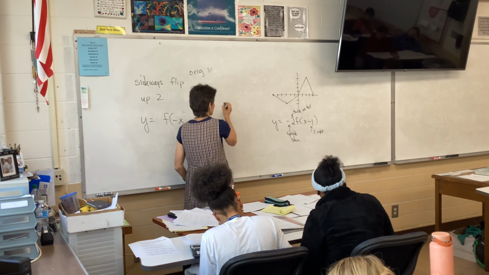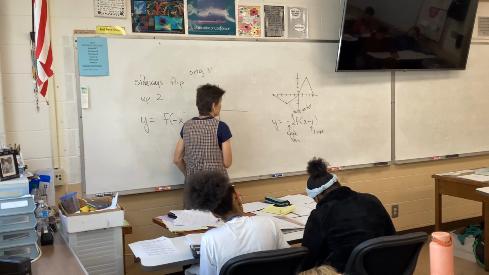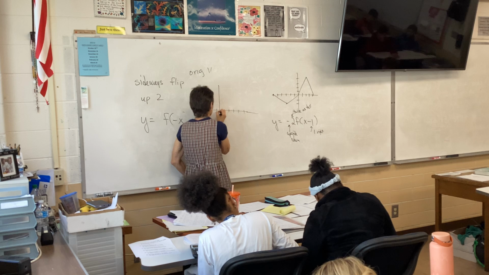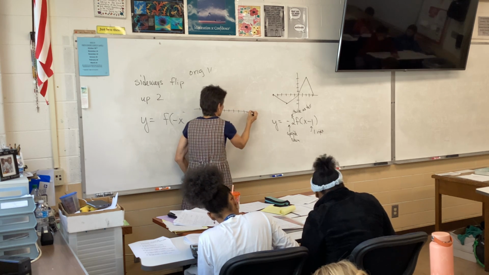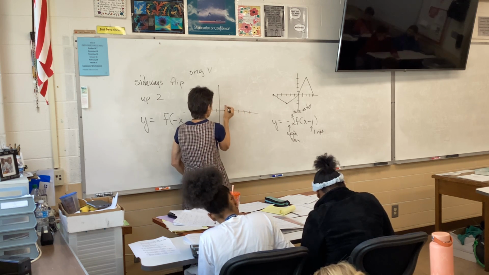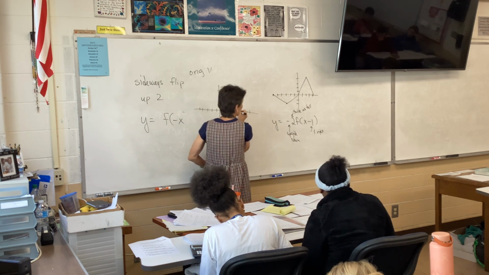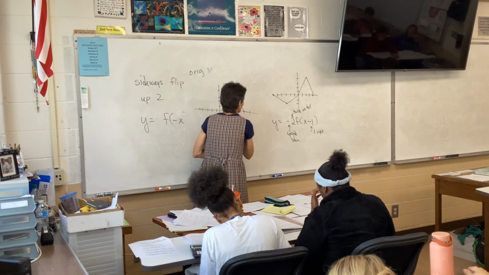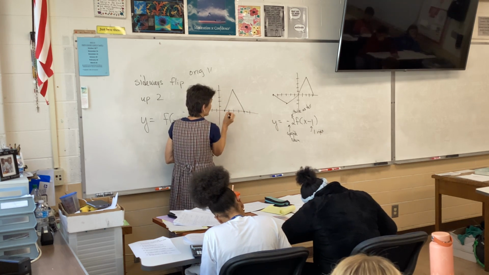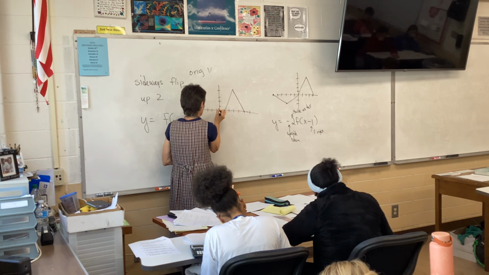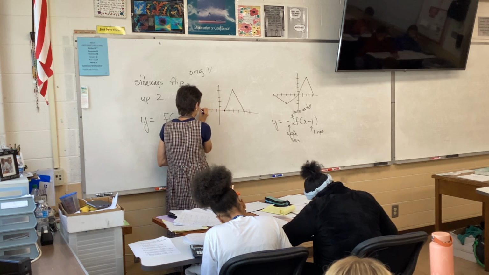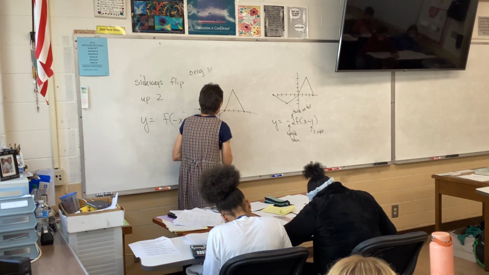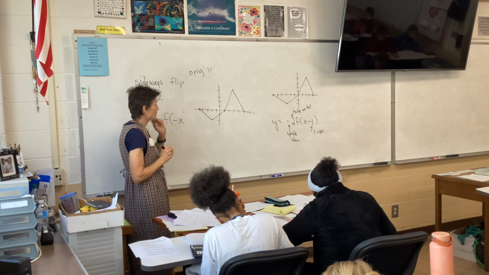Now that is a lot to keep track of. So I think I'll do it in steps. So I'm gonna take everything and move it 1 unit to the right. So if I do that, everything 1 unit to the right, it means my triangle is starting here. All right, so there's my triangle, and then my other one's gonna start here. There's my triangle, moved one unit to the right.